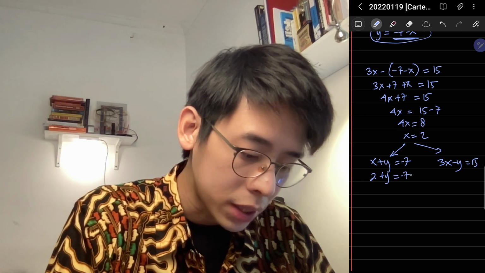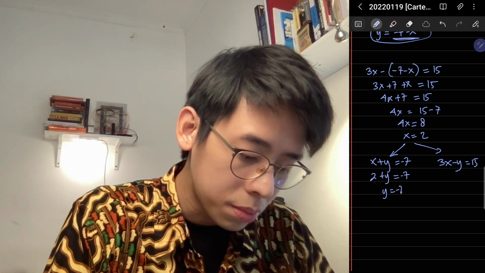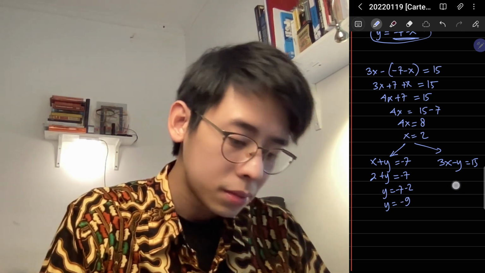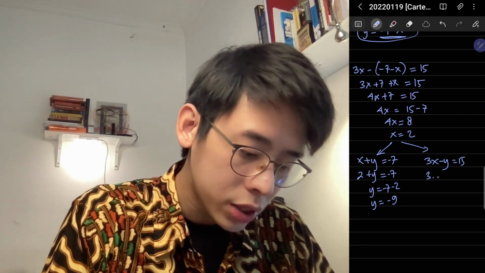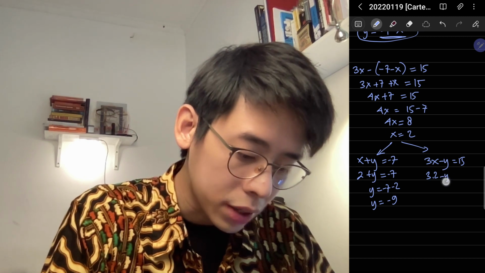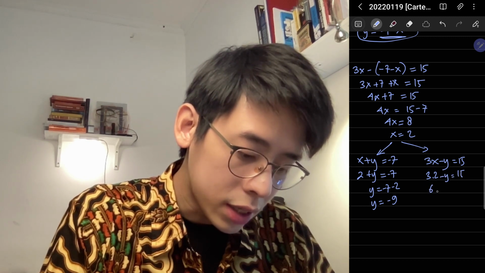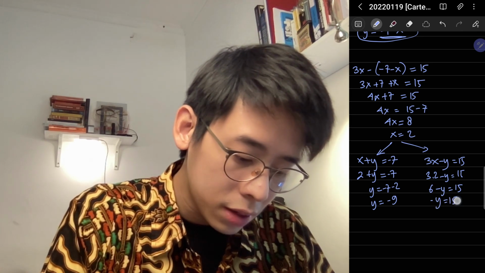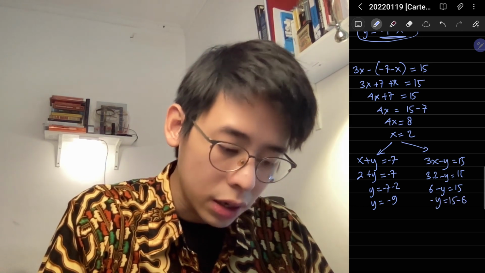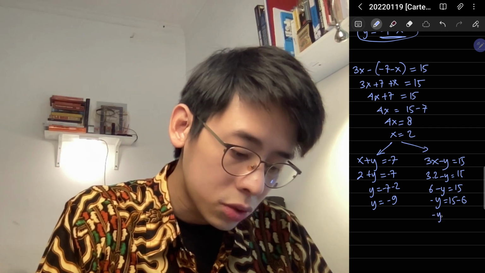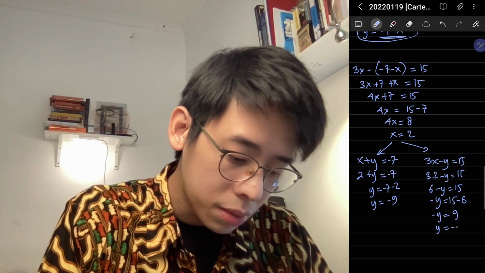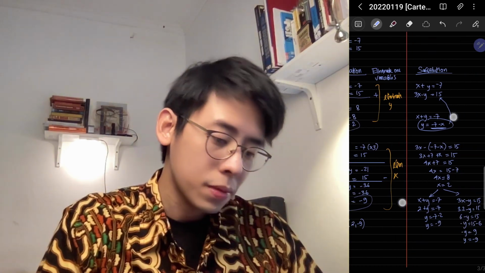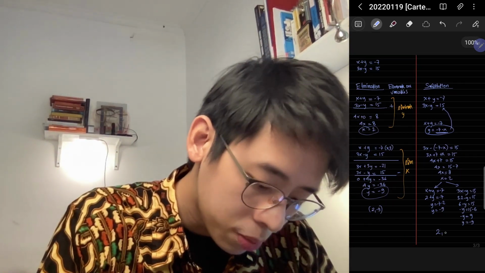So 2 plus y equals minus 7, so y equals minus 7 minus 2, so y equals minus 9. The same goes here. 3 times 2, because x is 2, minus y equals 15. 6 minus y equals 15. Minus y equals 15 minus 6, because 6 moved to the right becomes minus. So minus y equals 9, so y equals minus 9. As you can see, we have the same result: 2, minus 9.